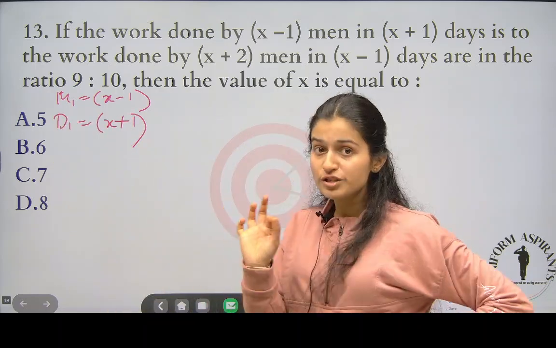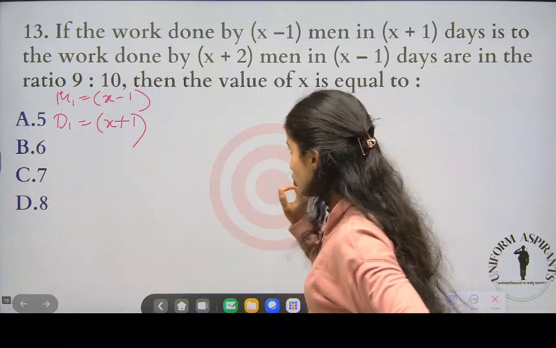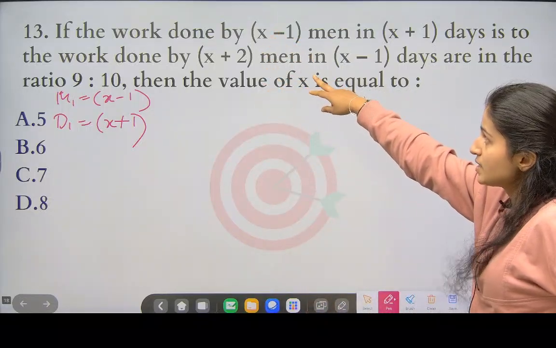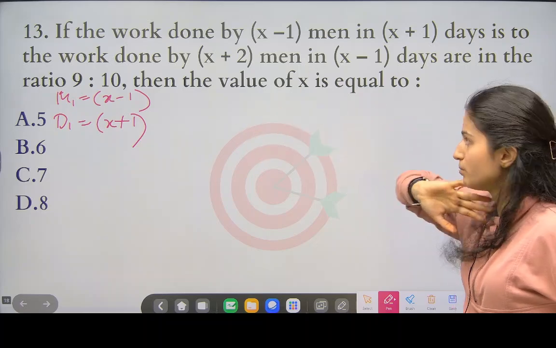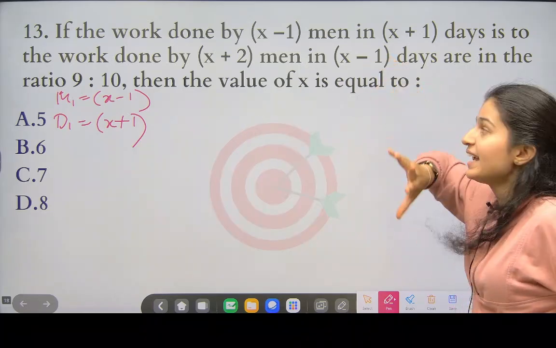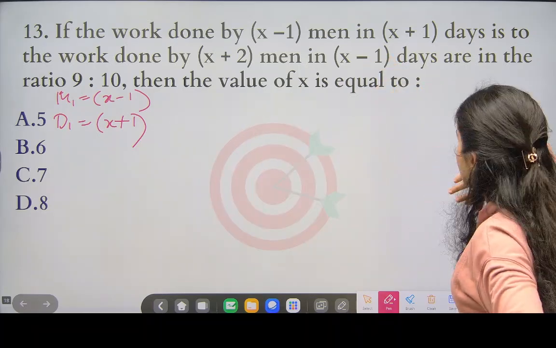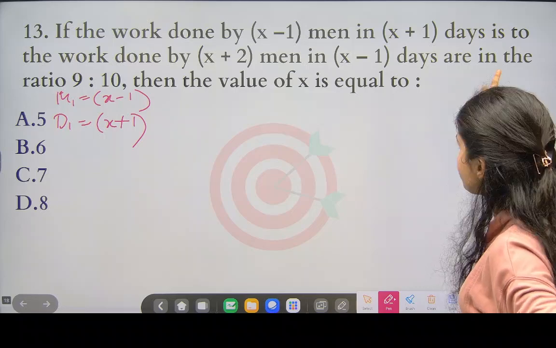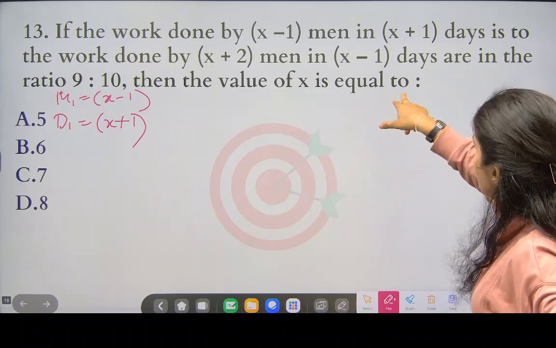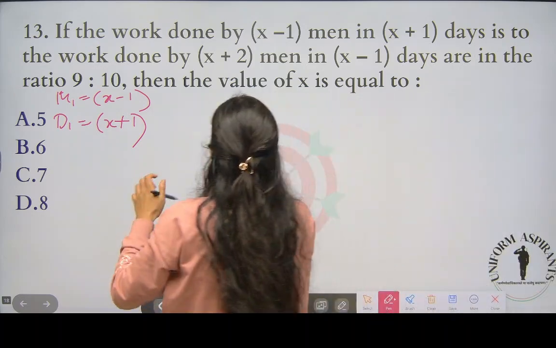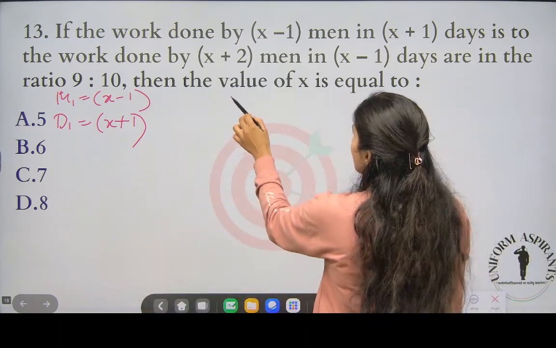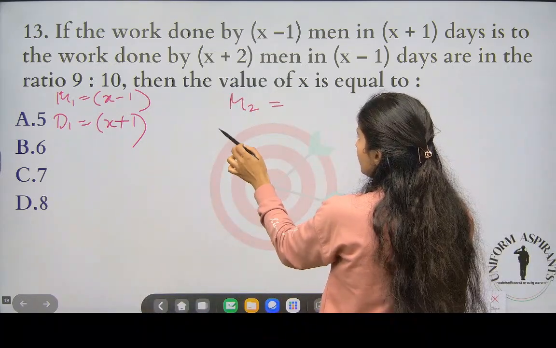Now these are confusing sums, so please pay attention. How much work is there? If the work done by x minus 1 men in x plus 1 days, and how much work is done? I'll write m2, and here I'll write d2.